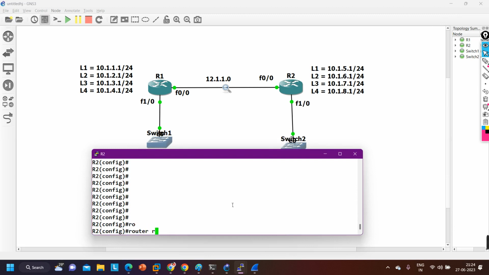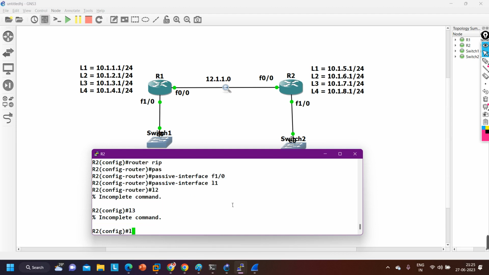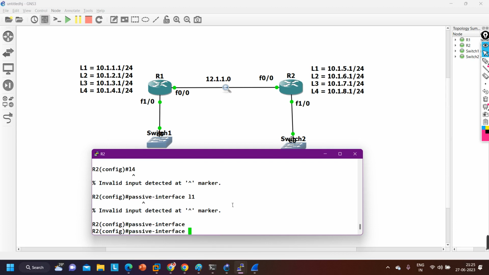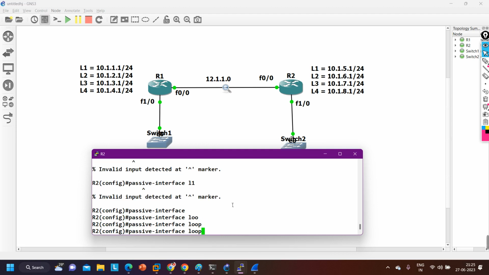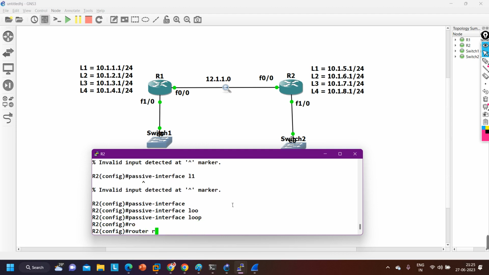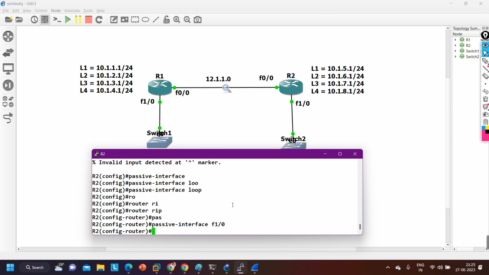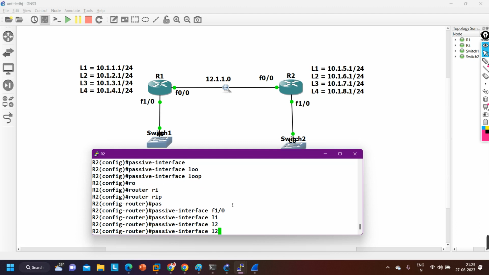Here, router rip, passive-interface F1/0, passive-interface loopback 1, loopback 2, loopback 3, and loopback 4.